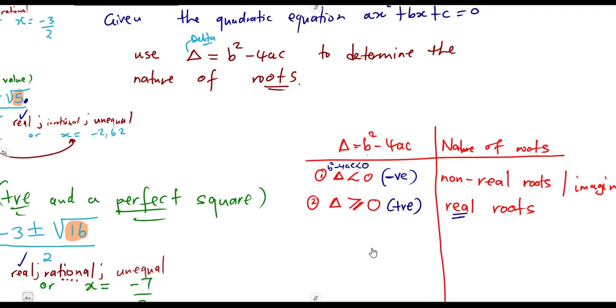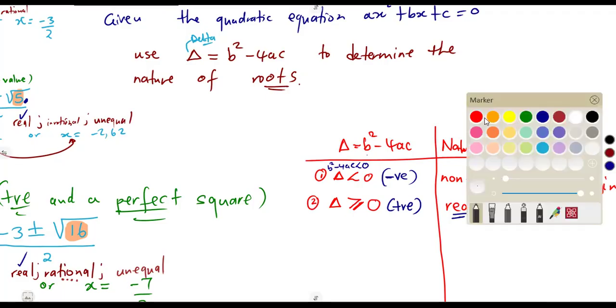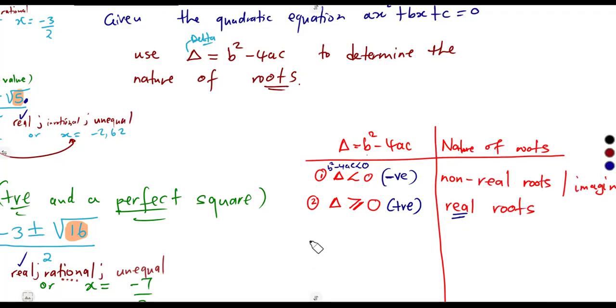That is being real. But now we want to specify these numbers. Okay, let us specify them now because the real part is there. But out of these real numbers, when it is exactly equal to 0 now, what is going to happen?